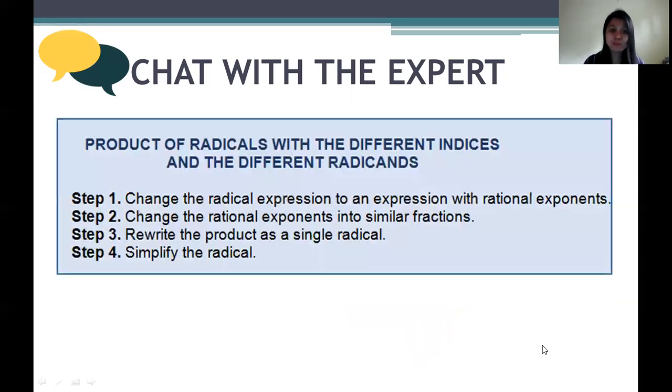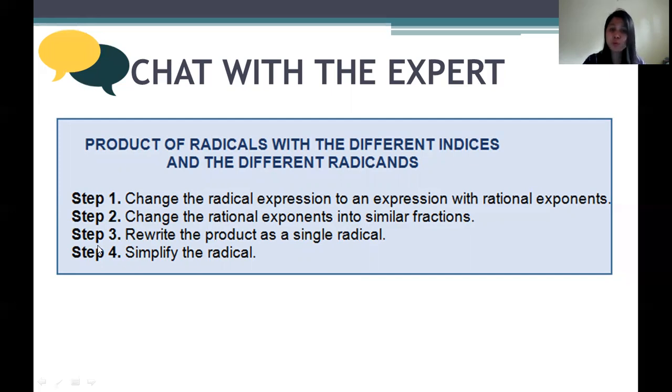Now, how about for products of radicals with different indices and different radicands? Step 1, we change the expression from radical to rational. Next, step 2, we change the exponents into similar fractions. So you need to apply your LCD this time. Step 3, rewrite the product as a single radical.